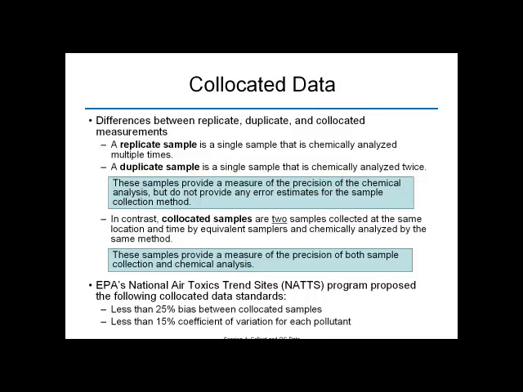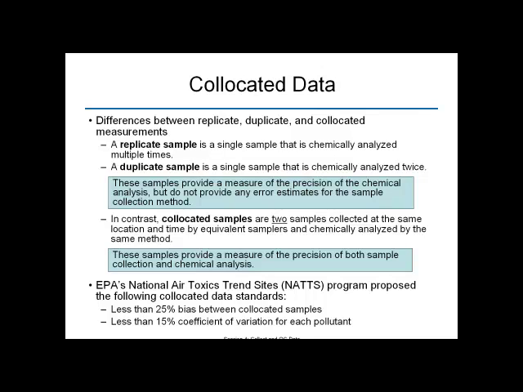If you have both replicates and co-located data, then you can get an estimate of the sampling versus the analytical precision and see where your possible problems are. And EPA's NETS program has the following co-located data standards. They want less than 25% bias between co-located samples, and we'll show some examples of that later.